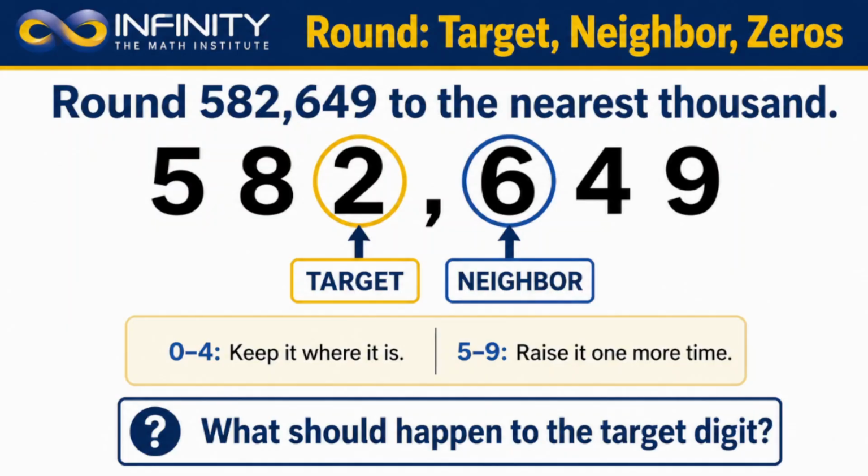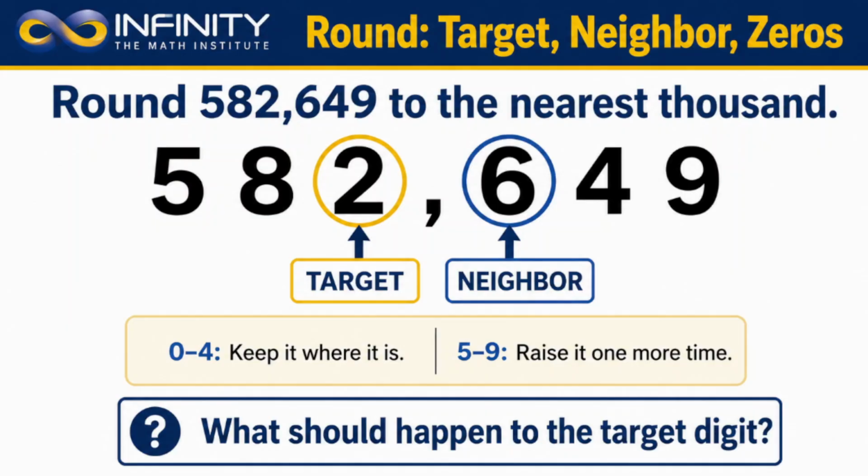If the neighbor is between the digits 0 and 4, we'll leave it alone as 582,000. If the neighbor is between 5 and 9, we're going to, quote, round up, or change the 2 to a 3, to 583,000. All right?